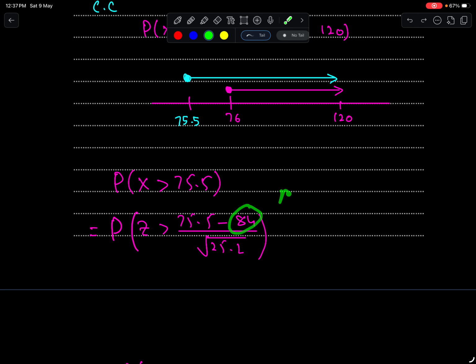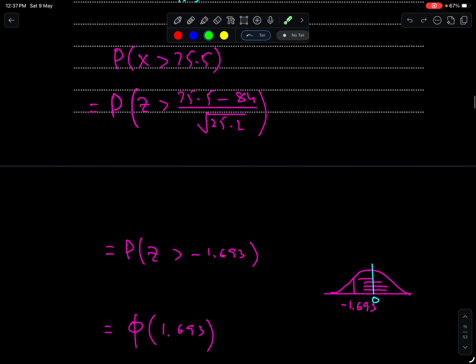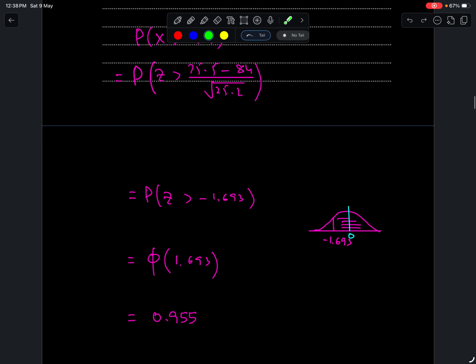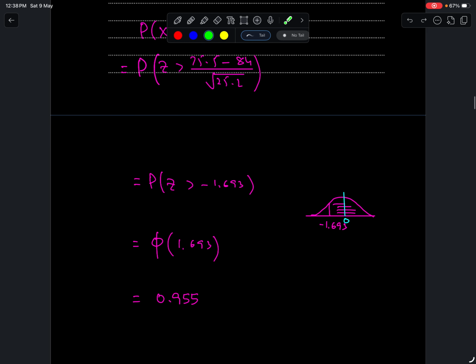This is np, this is npq under root. From here, this is a routine normal distribution question. I will discuss normal distribution later in this lecture. So copy z here. And this value must be up to 3 dp because in the table you can find a maximum 3 dp value.